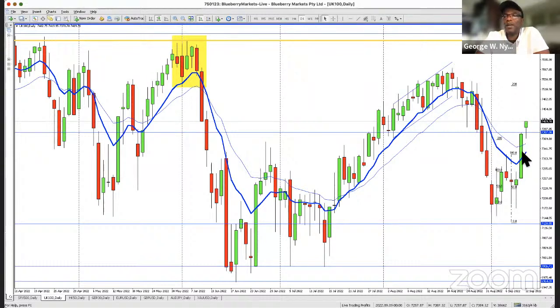Now, what I'm expecting, of course, is follow through by the bulls. If the bulls are really going to change the game completely, they're going to have to give us another follow through candle, because that breakout candle, for me, is not the confirmed breakout. The confirmed breakout comes with the follow through candle.